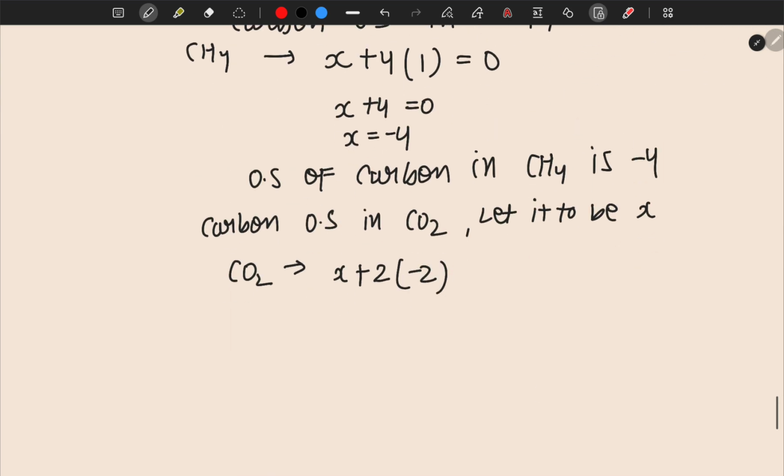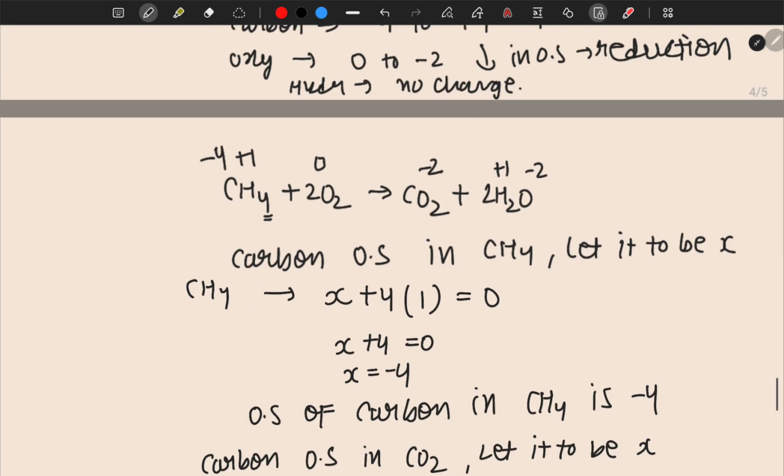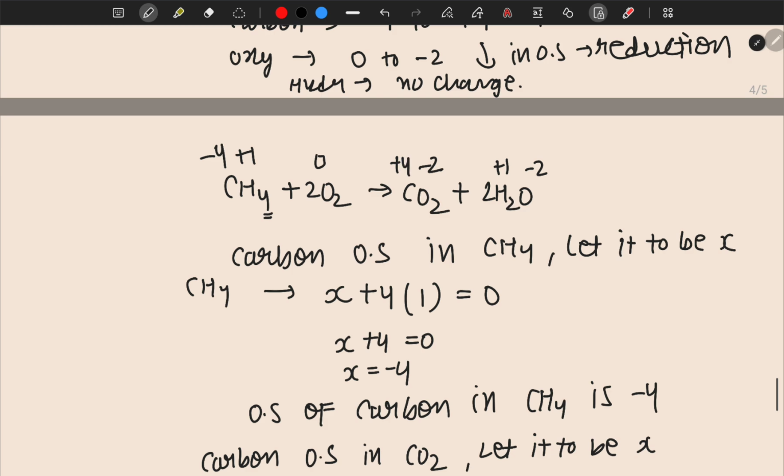From the rule we know, equals 0 because there is no charge on it. So X - 4, because 2 multiplied by -2 gives you -4. X equals 4. So the oxidation state of carbon in CO2 is +4, right? So we mention +4 here.